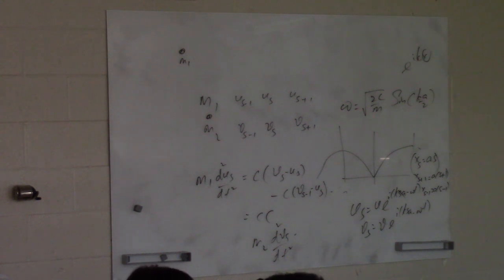This is the important thing a lot of people miss. Acoustic modes mean particles go the same way. We call it in phase. If one goes up, the other one also goes up.